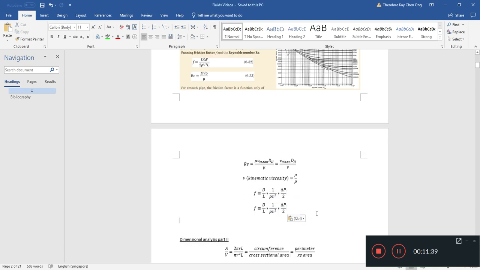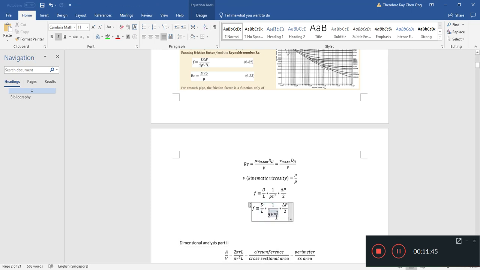Okay, is delta p over 2. Of course, if you want to make the bottom look like this, then all we have to do is just do this, and we'll be fine. So 4 over 2 is still 2 at the bottom. Okay.